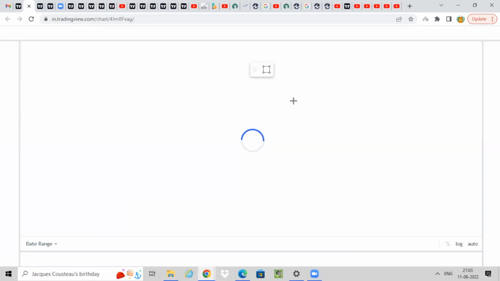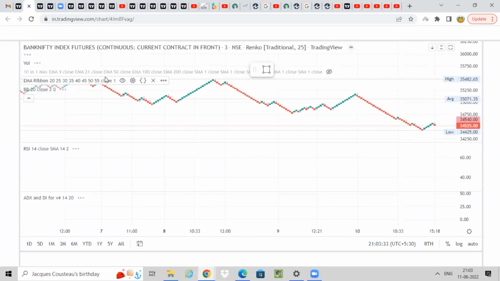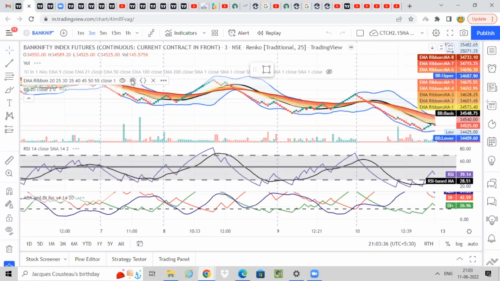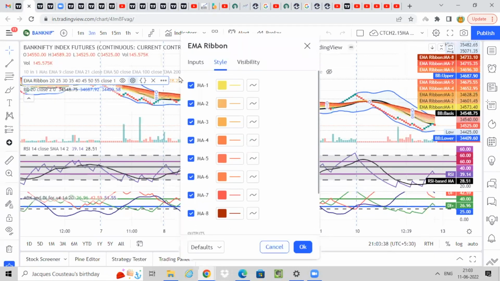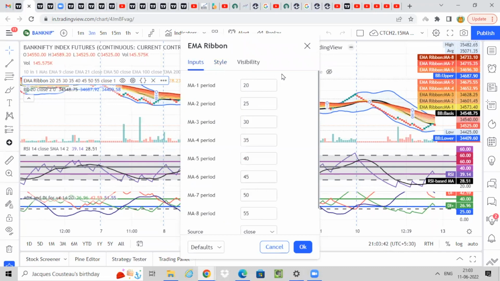I'm not explaining everything in detail, all these indicators, because it's supposed to be a discussion session. I'm not doing it like a normal presentation. Okay, EMA ribbon. Nilesh, stay when I'm talking on a particular topic. 20, 25, 30, 35, 40, 45, 50, 55.